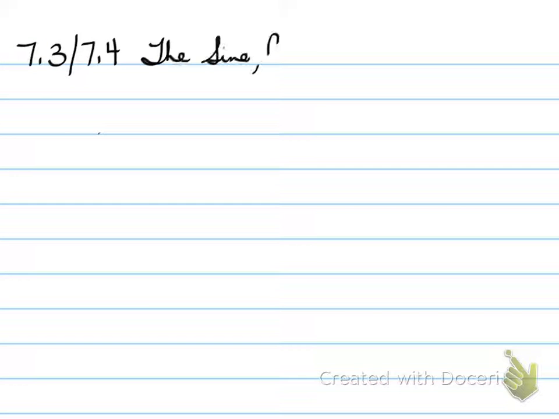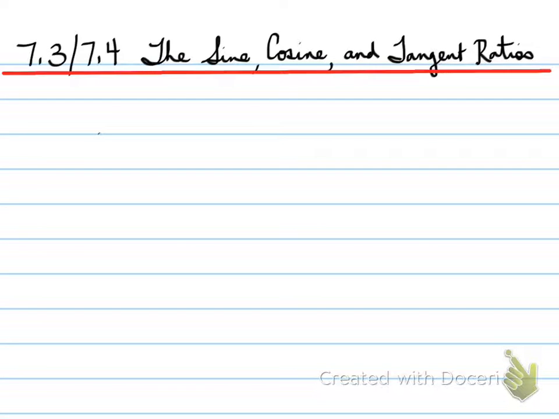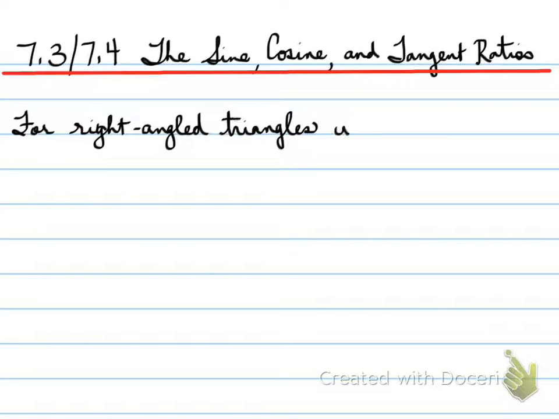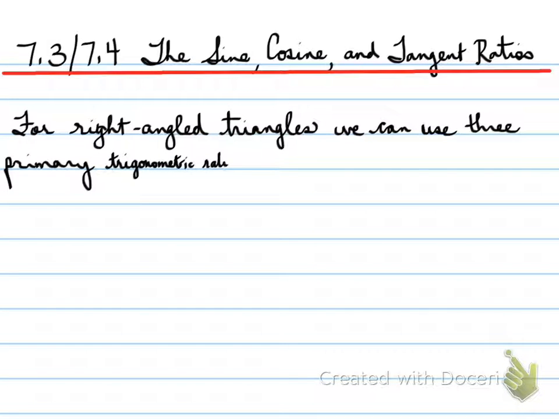7.3 and 7.4, the sine, cosine, and tangent ratios. So what we're doing here is for right-angled triangles, we can use three primary trigonometric ratios to help us solve a triangle.